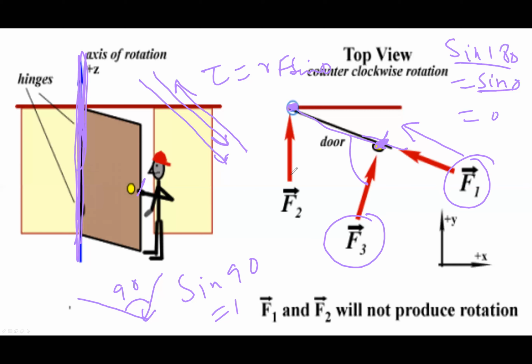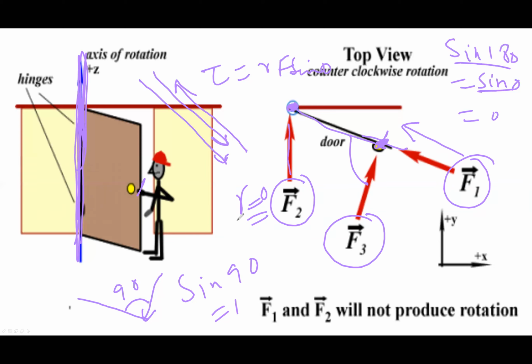And in case of F2, the moment arm is 0, because the point of action of force and the point of rotation are the same. So in case of F2, torque is 0, and in case of F1, torque is 0. And in case of force F3, torque is maximum.